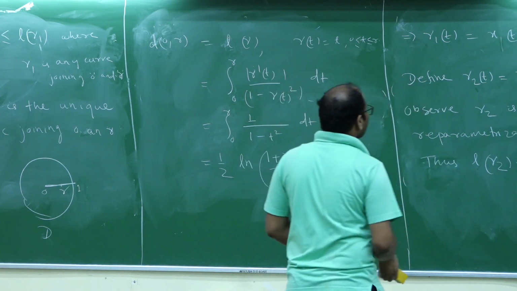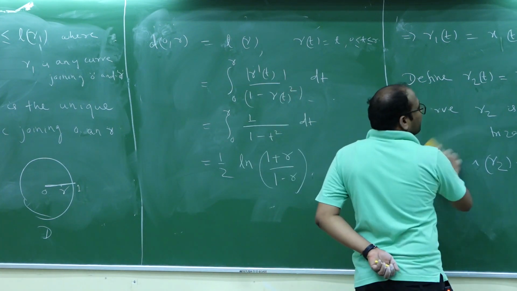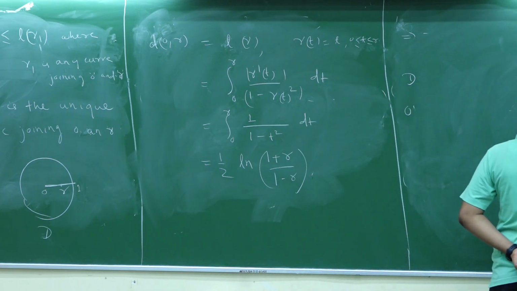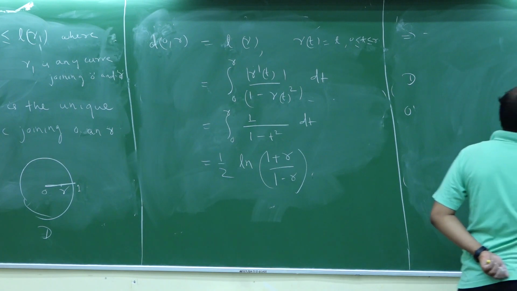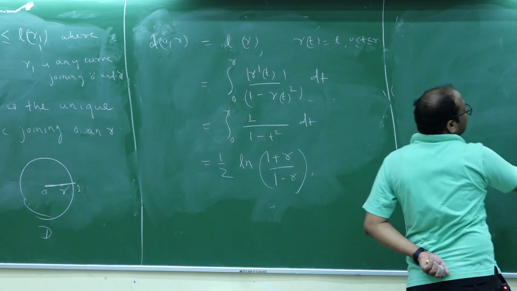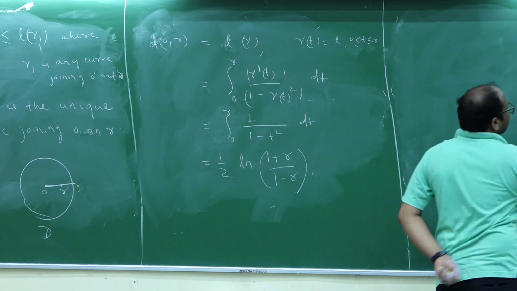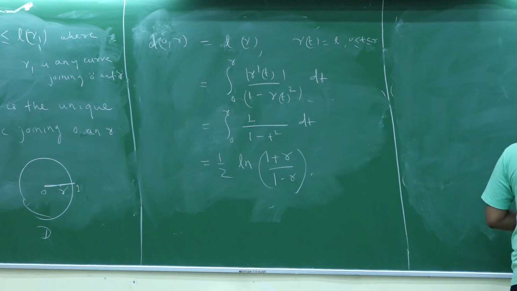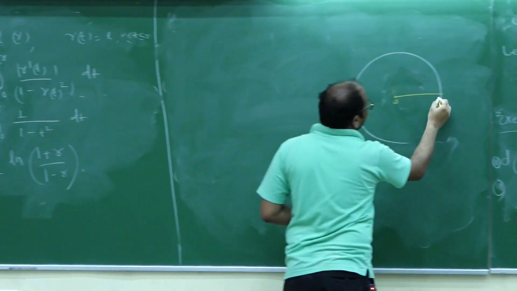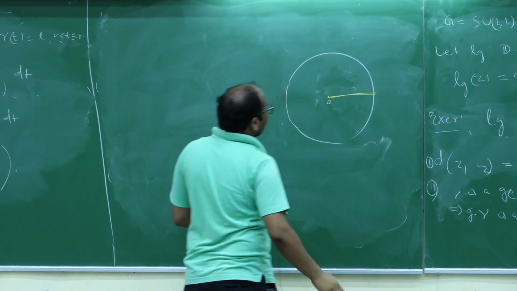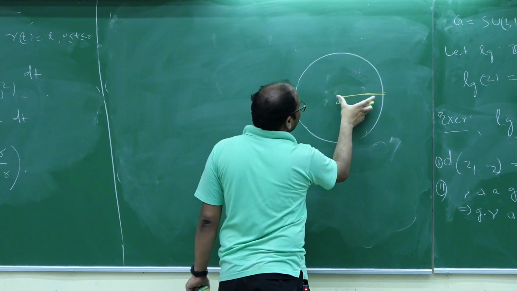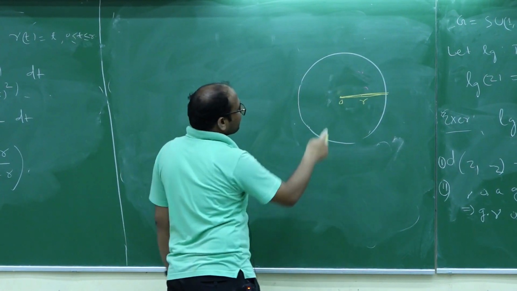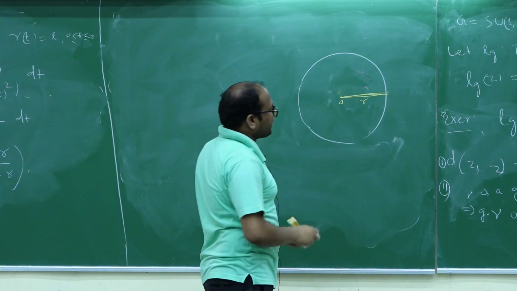This is it. So this line through 0 is a geodesic, and this is the unique geodesic path. If you take any point r here, this is the unique geodesic passing through 0.